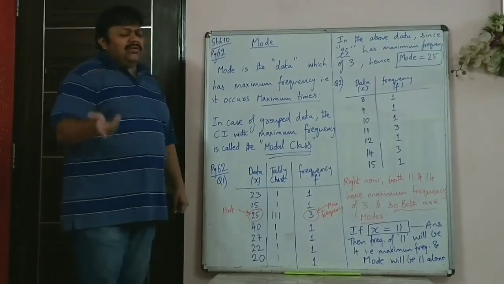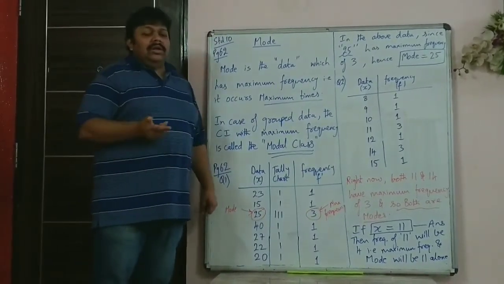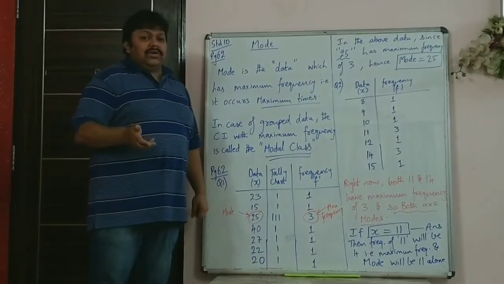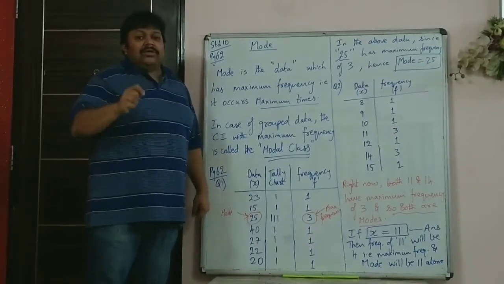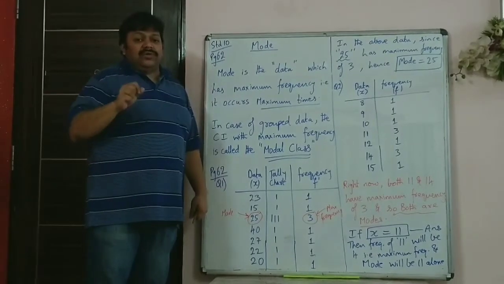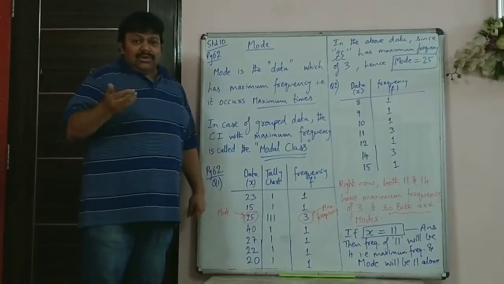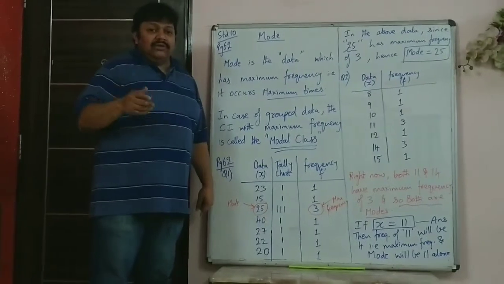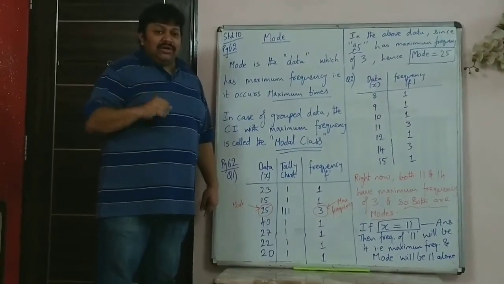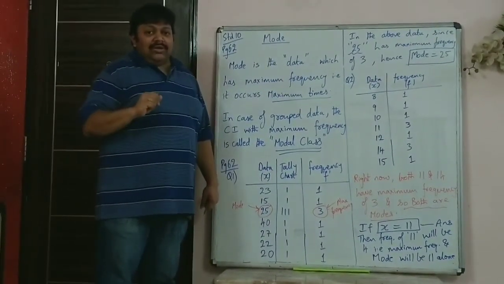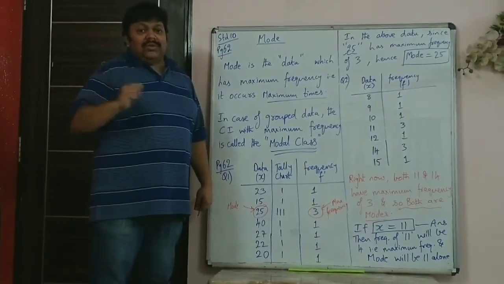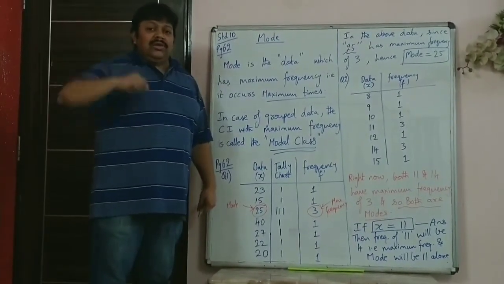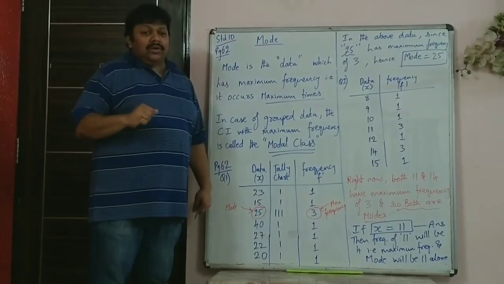For example, a very simple example: in your building, let's say 100 families are staying, and if you tabulate the number of children in each family, in some family there would be 0 children, in some there would be 1 child, in some other family 2, in some other family, very few, there would be 3, and in some other family there may be 4.